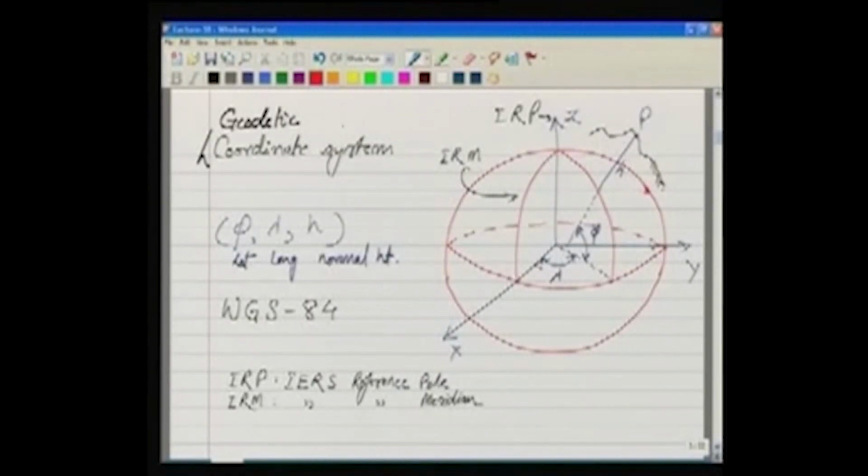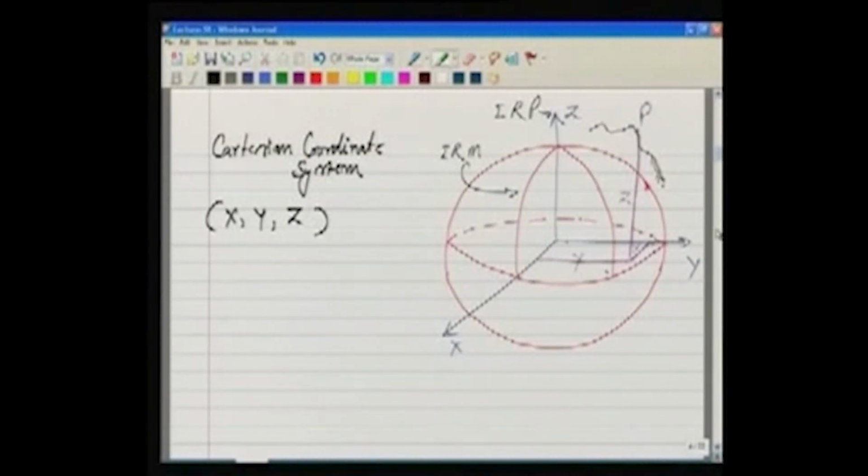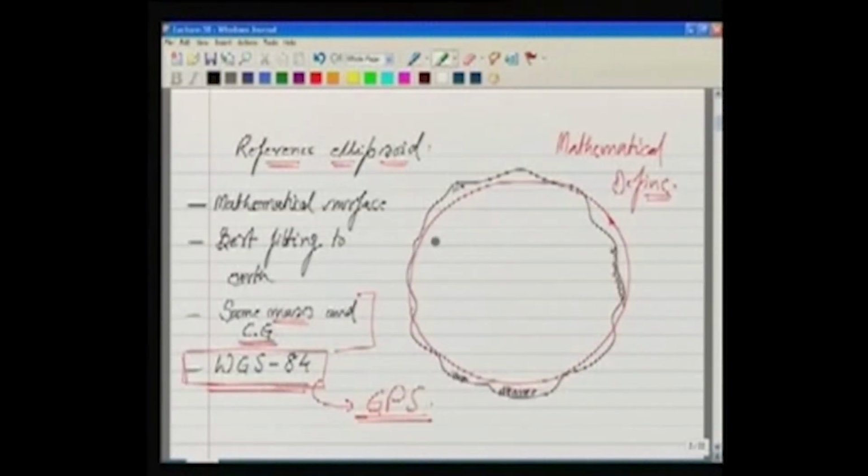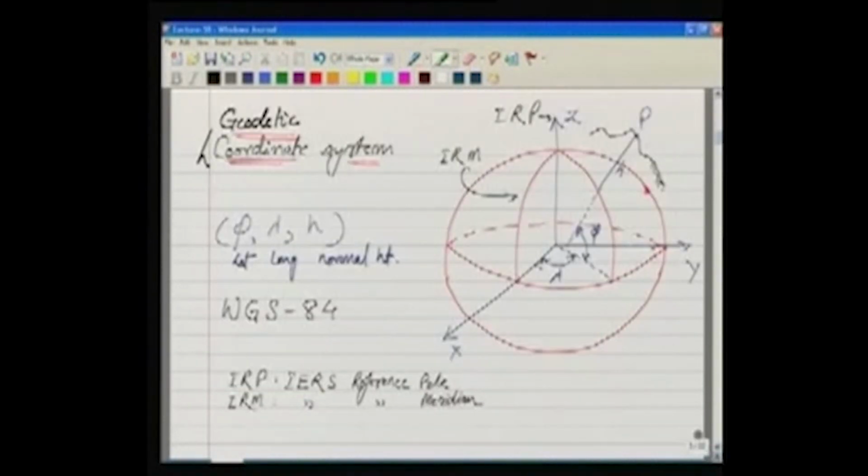So we are defining now a system which is called geodetic coordinate system. In this geodetic coordinate system, the same ellipsoid what we saw in our last slide, I am showing now here, and this is the surface of the earth.